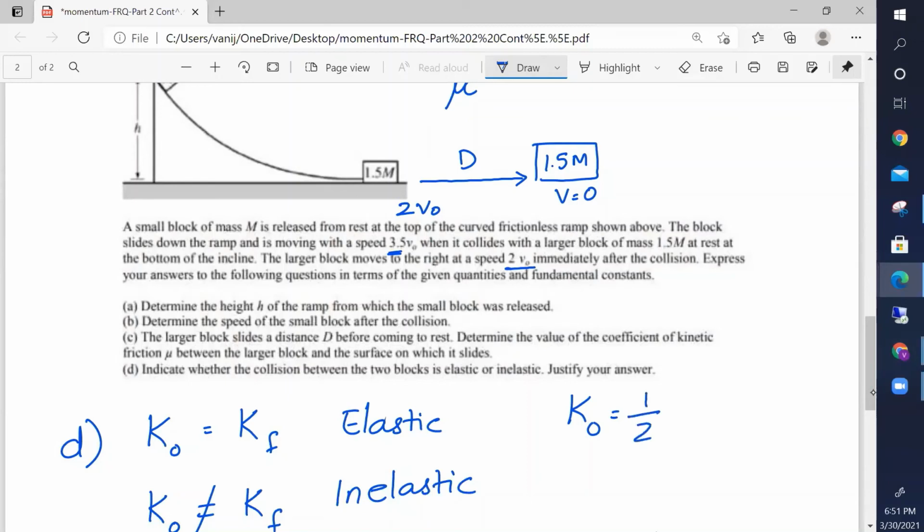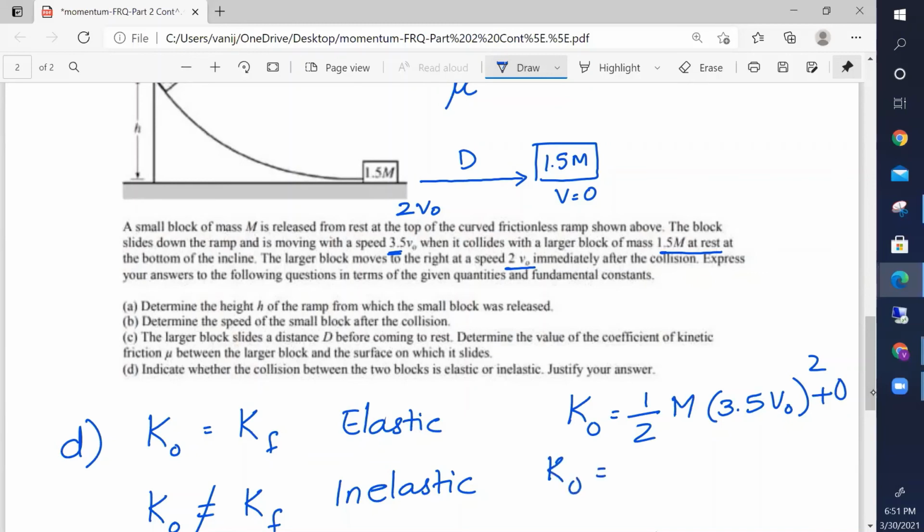So it's going to be 1/2 m times 3.5 V0, squared. And the second block is actually at rest. Before collision, it was at rest. So that means it has no kinetic energy. So the initial kinetic energy of the second block is 0.